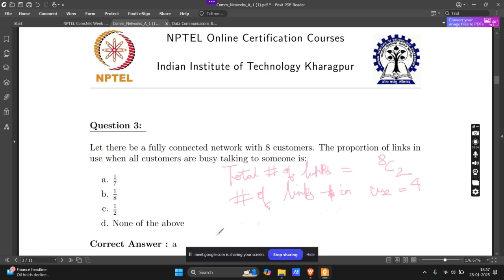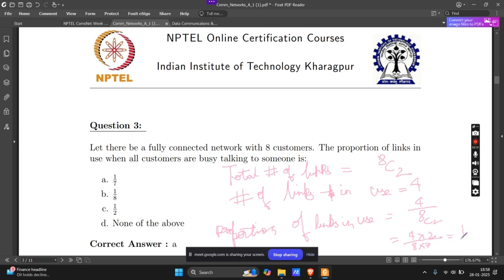So what is the proportion of links in use? It is 4 by 8C2, so 4 by 8 into 7 by 2, and the 2 will come on top.